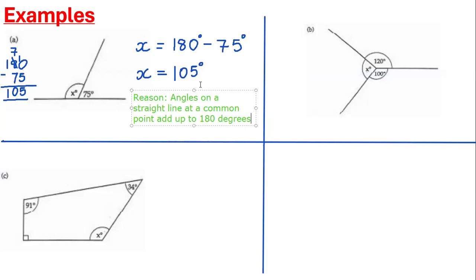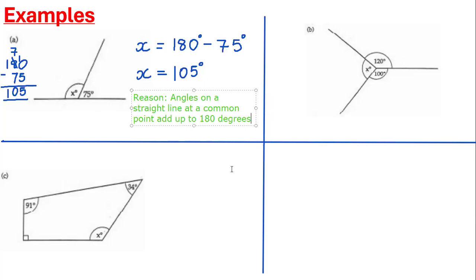What's the reason, Joseph? It's right on the screen. Angles on a straight line at a common point add up to 180 degrees. So try it again. Why is x equal to 105? Angles on a straight line at a common point add up to 180 degrees.